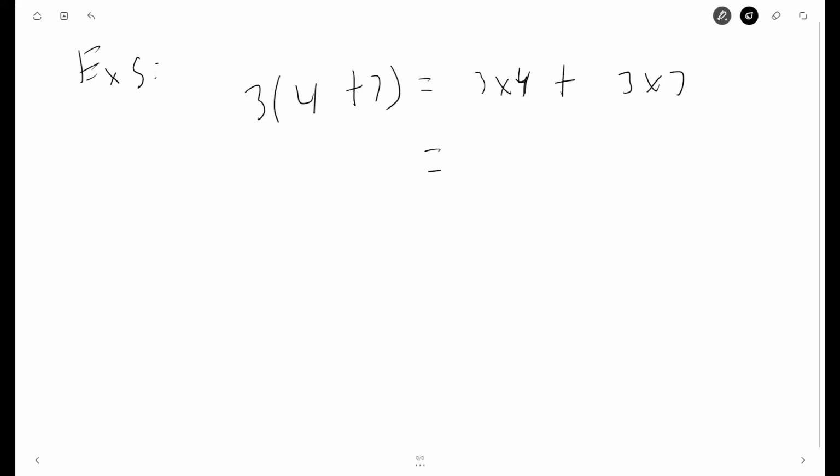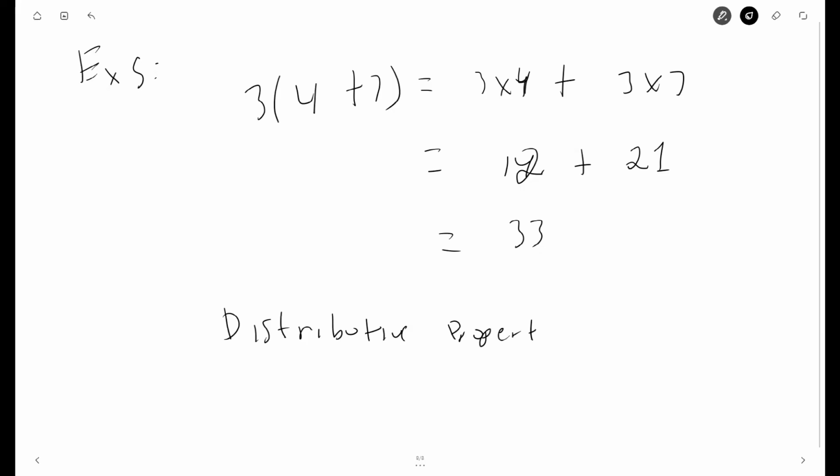That's equal to 12 plus 21, and 12 plus 21 is equal to 33. This is called the distributive property. So basically, we multiply the 3 times the 4 and the 3 times the 7, and we add their products.